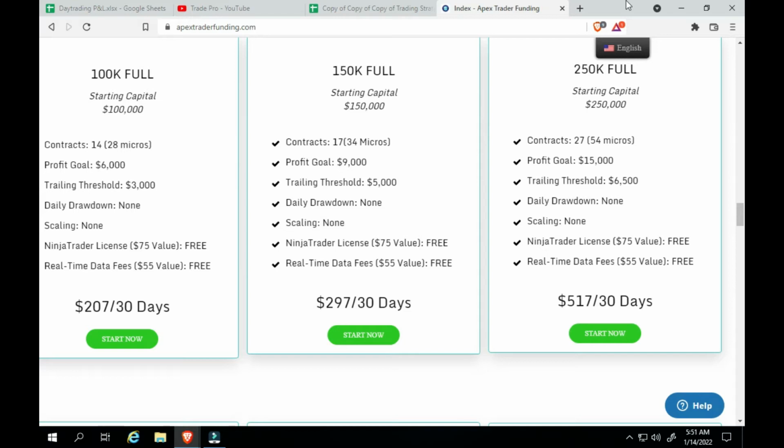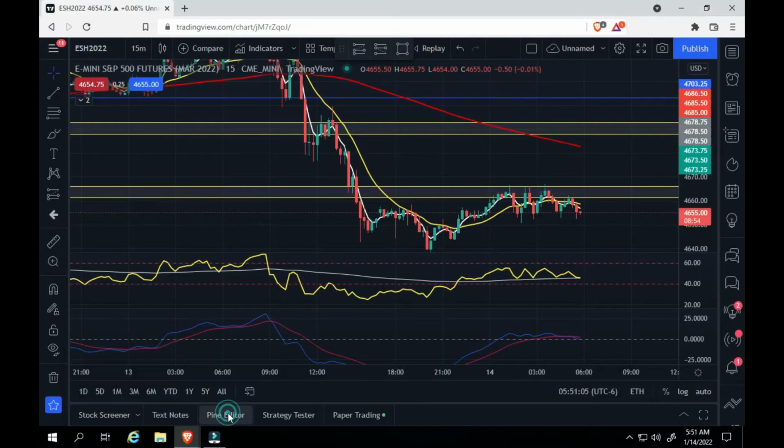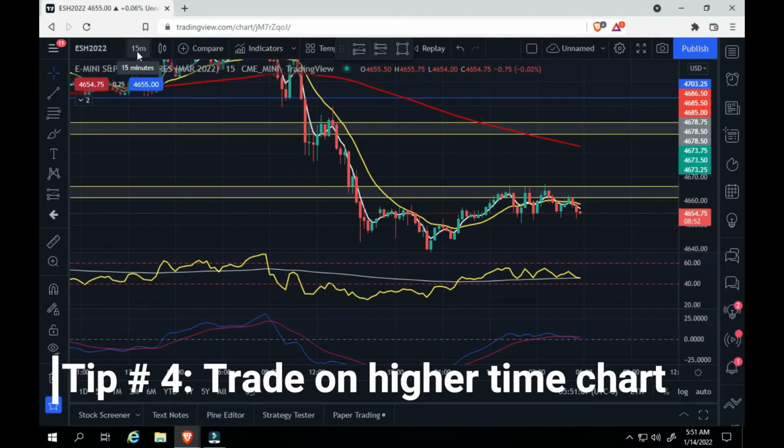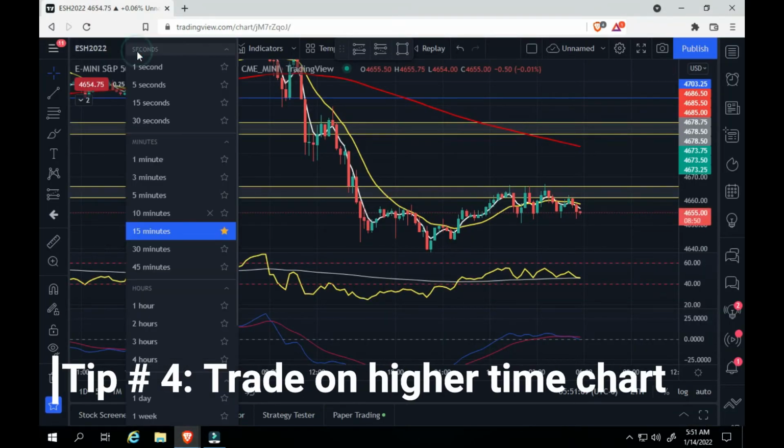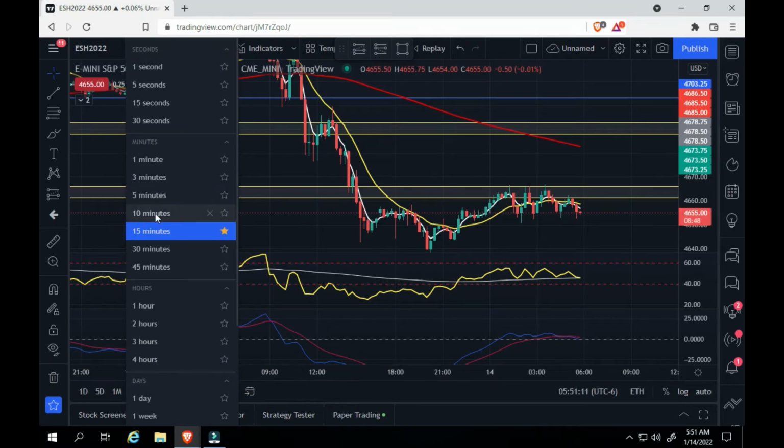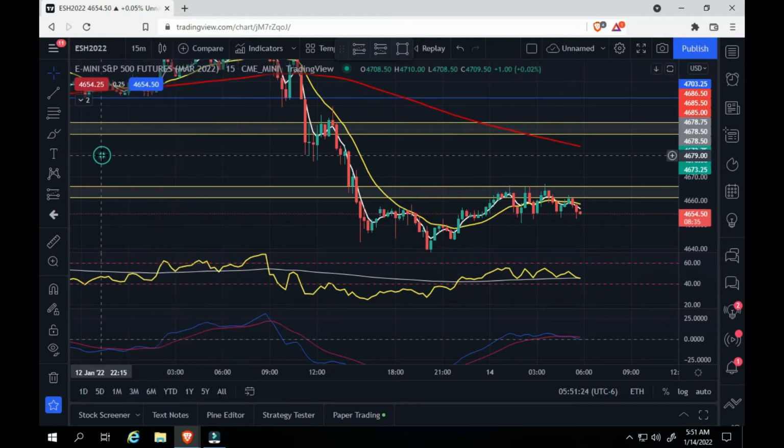All right, next tip is don't trade on the 1-minute or the 3-minute chart. I like the 10-minute. You don't normally have 10 minutes with TradingView. You have to go with the pro plan and make your own chart. But I like 10 to 15 minutes.